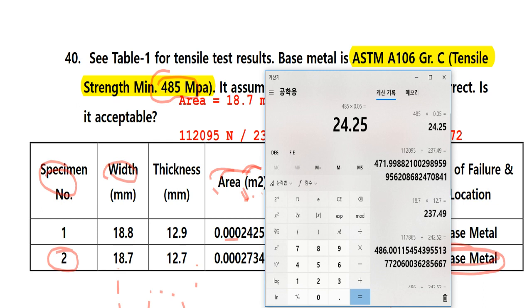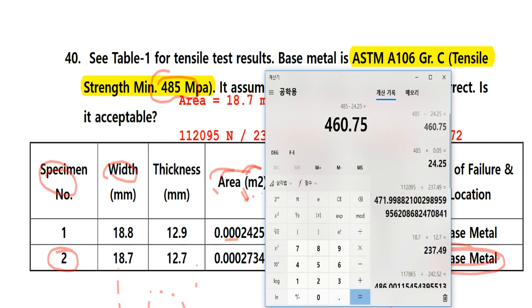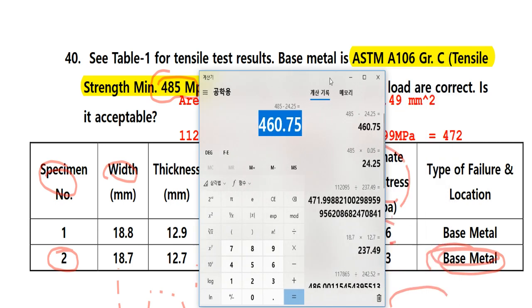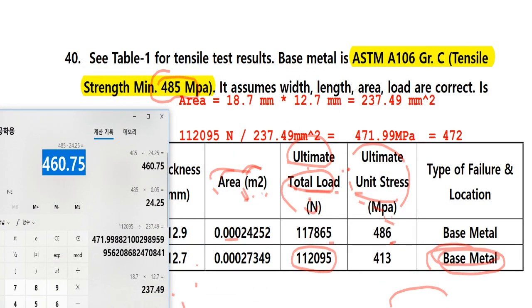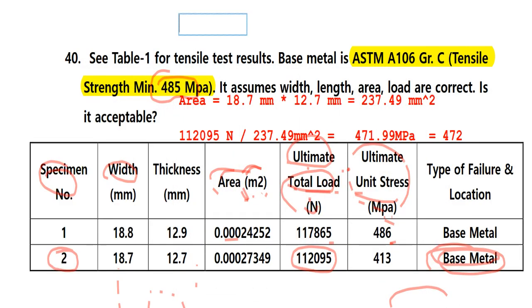So 485 minus 24.25 is 460.75. 460.75 is the new acceptance criteria for the ASTM A106 grade C when the test specimen breaks in the base metal.